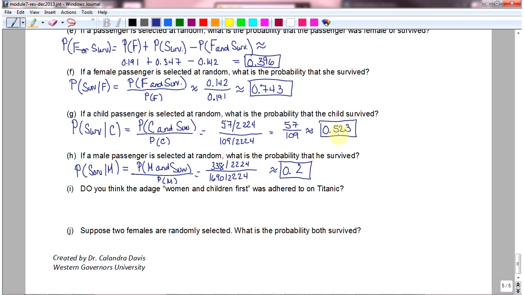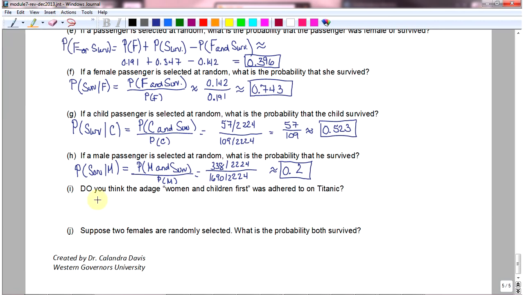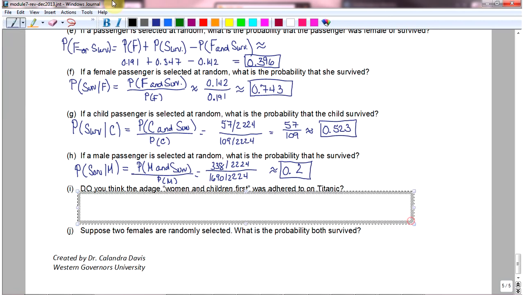Females and children survived at higher rates than men. Okay, so let's write that in. So yes, it appears to be true because females and children had a greater probability of surviving than males.